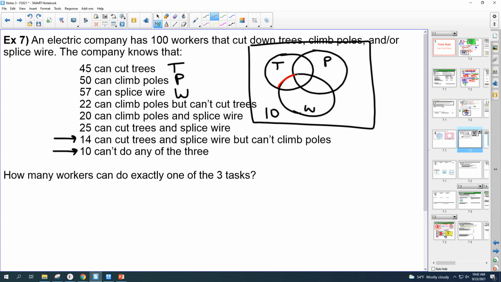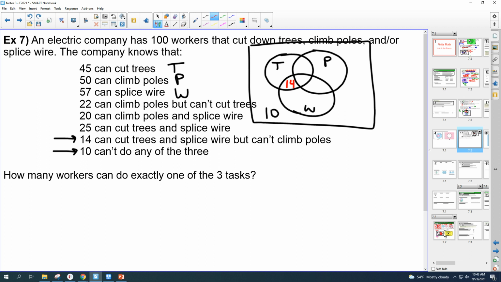So trees and wire, but not poles, is 14, right? 14. So that means this section right here is 14.